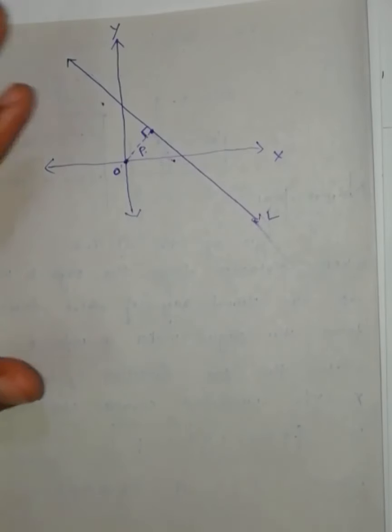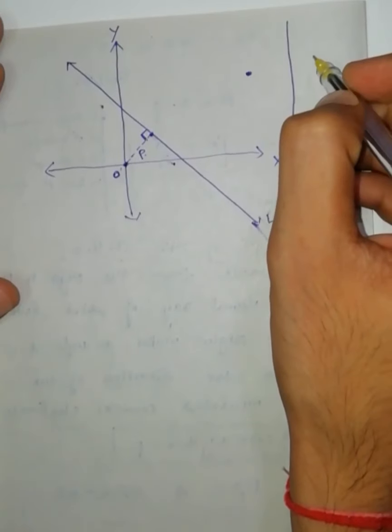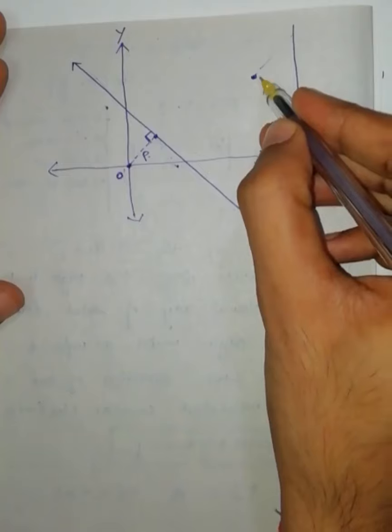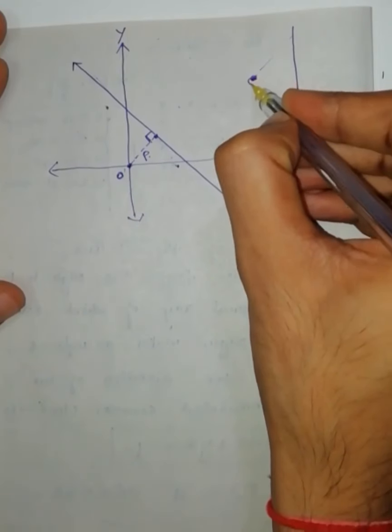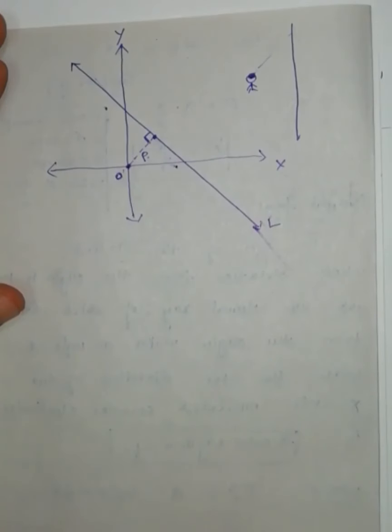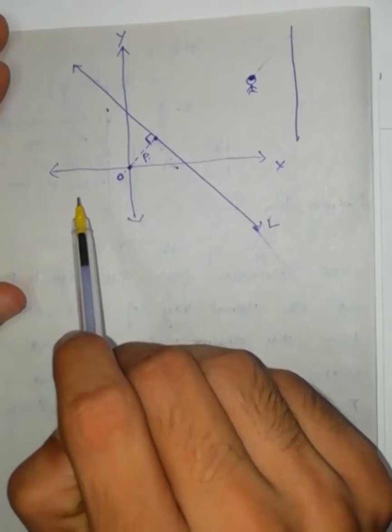Line and the origin. For example, suppose this is a line and this is a point. Now I can find the distance of this one also, this one also. Suppose this is the person and this is a wall. Now I want to find the distance between this person and this wall.